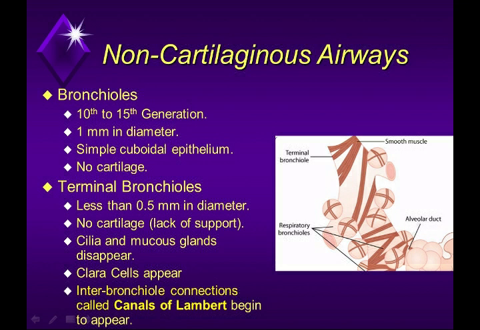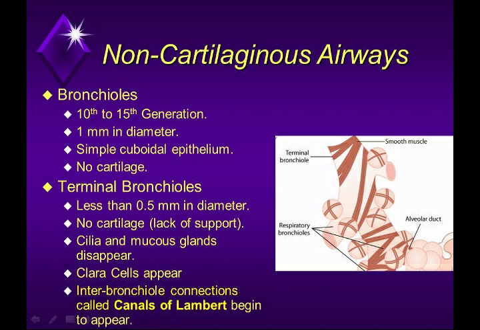Well, the body says, wait a minute, this is stupid. If this other one is open, why don't I make a connection to go around that obstruction? It's basically a detour that is created. Between bronchioles are called canals of Lambert. Okay? So it's an alternative pathway that exists.